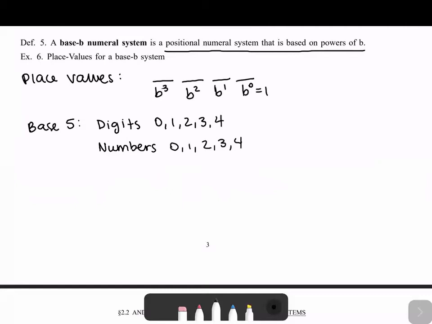But now we look at things that have value in the ones place and the fives place, right? This would traditionally be tens, but since this is base 5, it's the fives place. So now we can have things that look like this, that looks like 10, but it has value 0 plus 1 times 5.